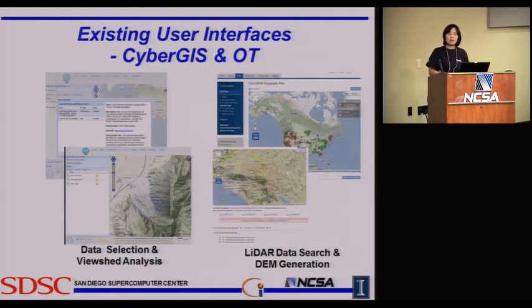And the OpenTopography Gateway has a Google Map-based interface for searching LiDAR data sets and retrieving point cloud data, and also for generating DEMs from the selected LiDAR data sets. So the challenge here was to integrate these existing user interfaces without reinventing the wheel entirely.